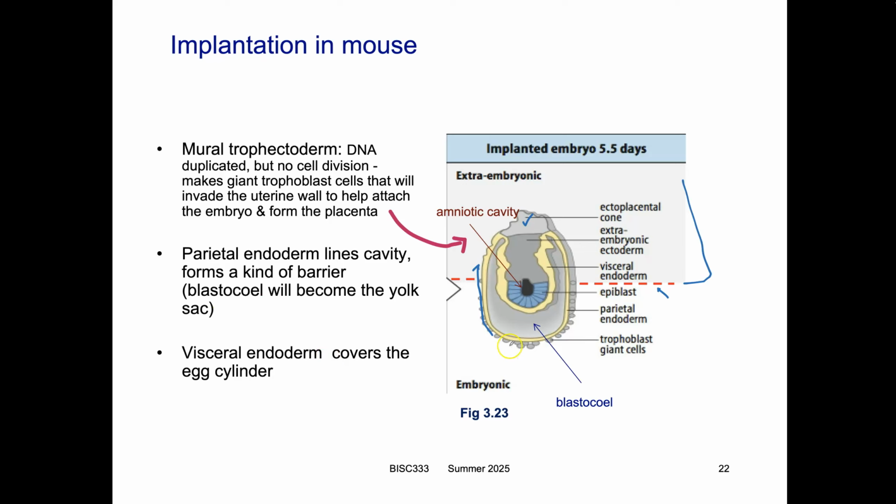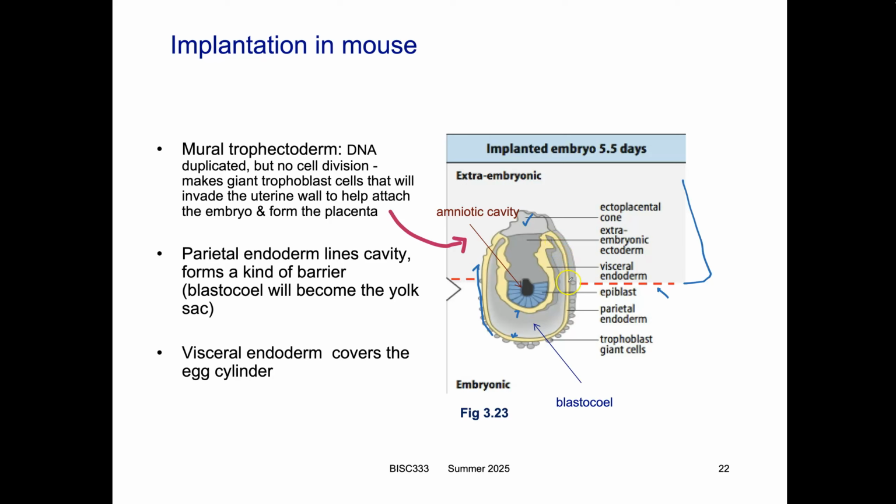Okay, and there is endoderm lining this blastocele cavity. And the blastocele, with some of this endoderm around it, is going to form a sort of yolk sac. And then the whole cylinder, this is referred to as the egg cylinder.